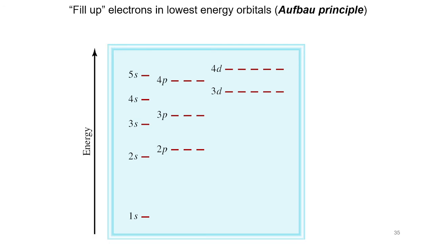In filling up electrons, if we are to talk about stable atoms, we need to fill up electrons in the lowest energy first, since higher energy tends to go into chaos.